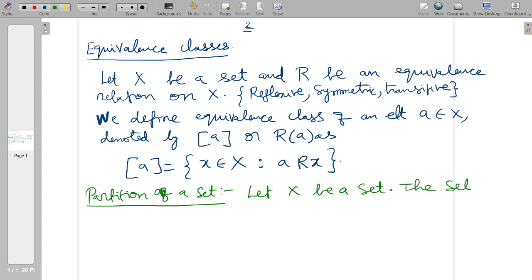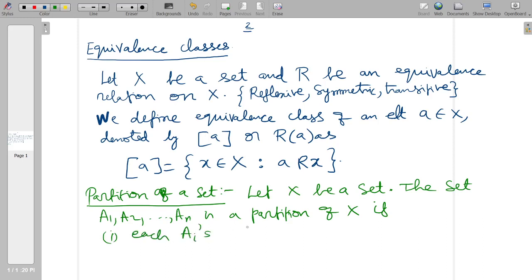The sets A1, A2, so on up to An form a partition of the set X if, number 1, each Ai is non-empty. Okay, it has to be non-empty.